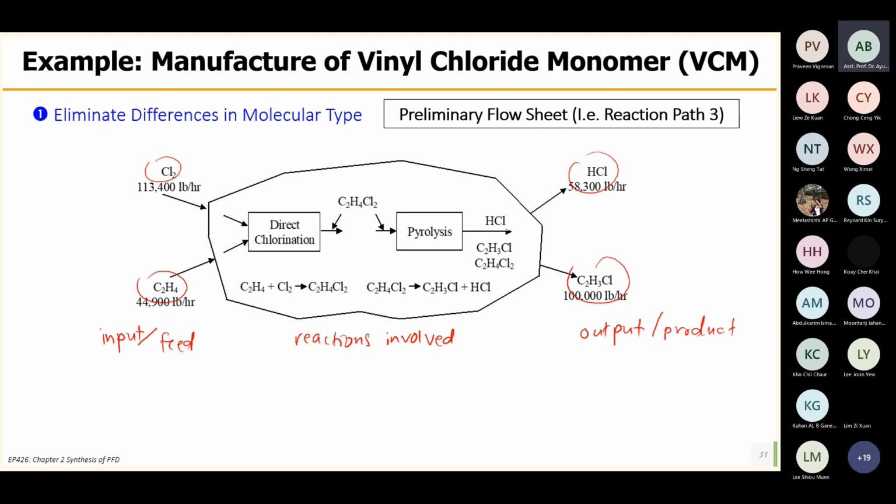If the question asks you to illustrate the process diagram, it should look like this, not the process flow diagram. This one is only the process diagram, the sketch of the general process.